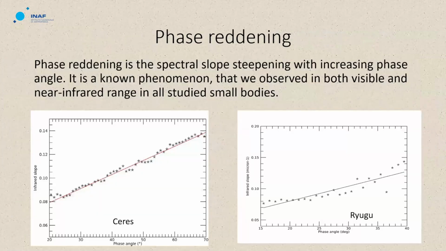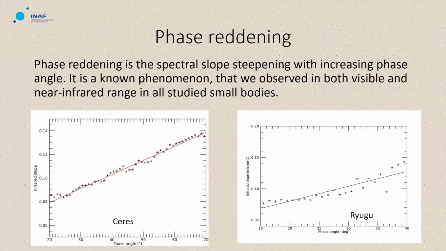Let's move on to phase reddening. Phase reddening is a well-known phenomenon in spectrophotometry and refers to the spectral slope behavior with phase angle. Both the visible spectral slope and the near-infrared spectral slope become redder, so steeper, when phase angle increases.